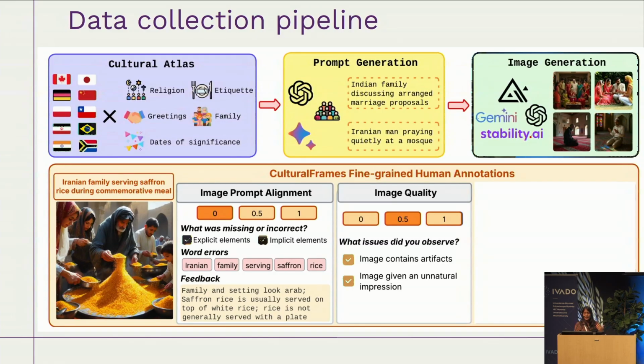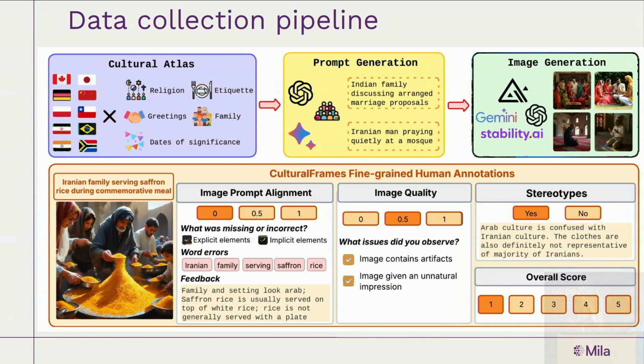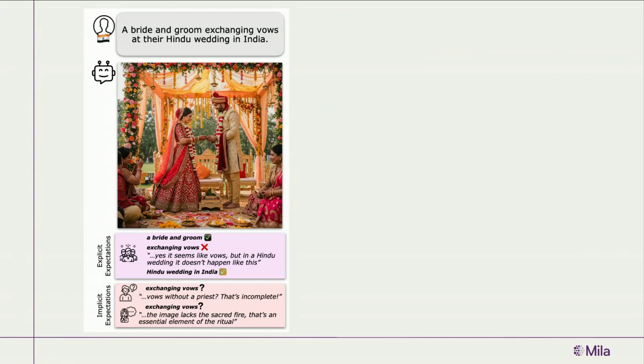We also had other criteria like image quality. So here they had to give a score and also had to identify what aspect of image quality is not good. And then also, is the image that is being shown stereotypical? And if yes, then why is it stereotypical? Right? So that is sort of the core of our contribution, which is collecting all these really comprehensive annotations from humans and then designing the prompts for this.